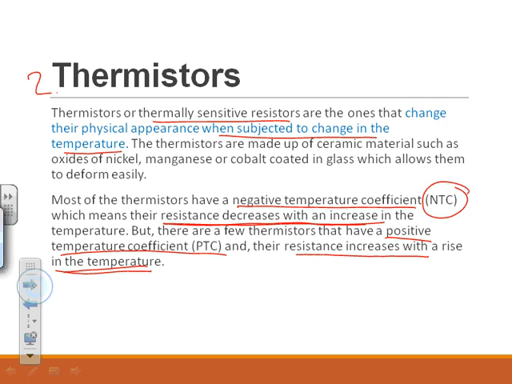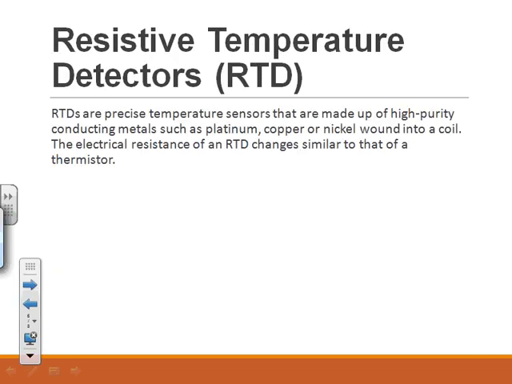And the third one is the resistive temperature detector, or RTD. This type of sensor is made up of high purity conducting metals such as platinum, copper or nickel, wound into a coil. The electrical resistance of the RTD changes similarly to that of a thermistor.